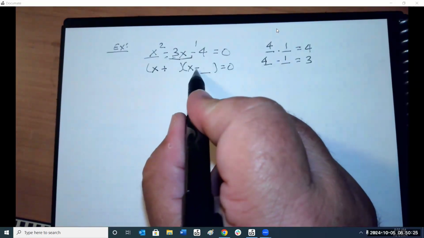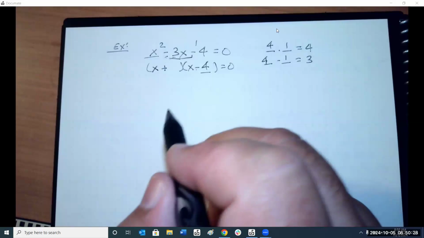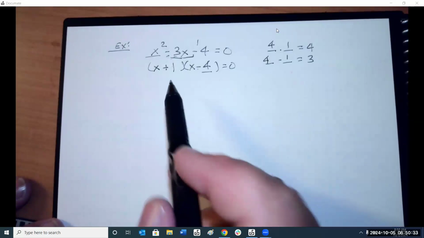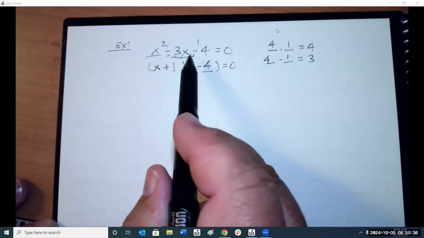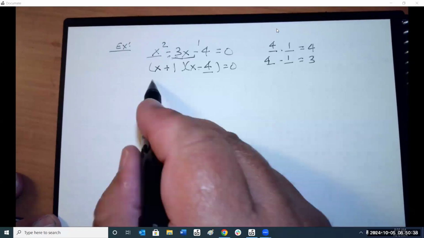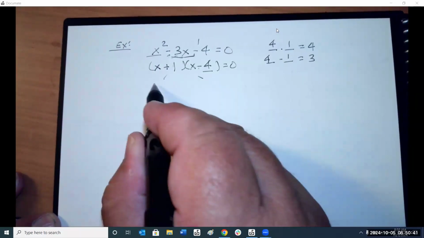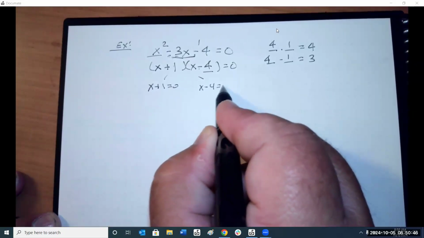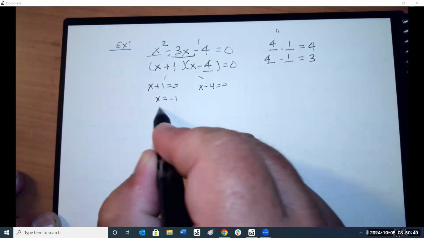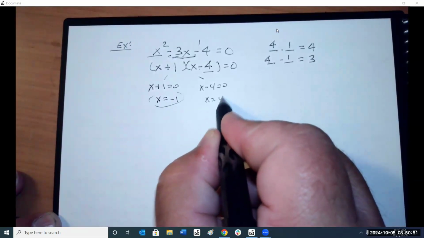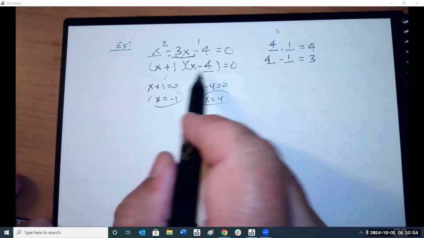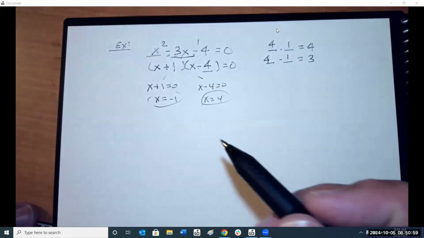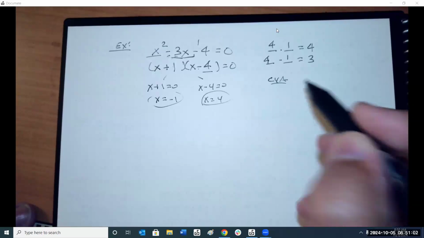And the bigger number gets the minus. So the 4 goes here, the 1 goes here. And if you want to, you can go ahead and multiply these together, see if you end up with that. That's a check method for this. Set both of these equal to 0 and solve for x. X equals -1 and x equals 4, which we knew that from chapter 1. Whatever's inside the parentheses is always the opposite. And check your answers.